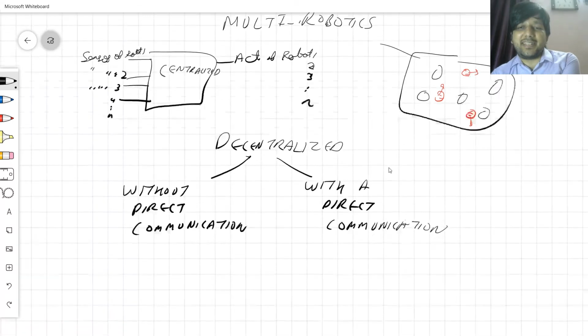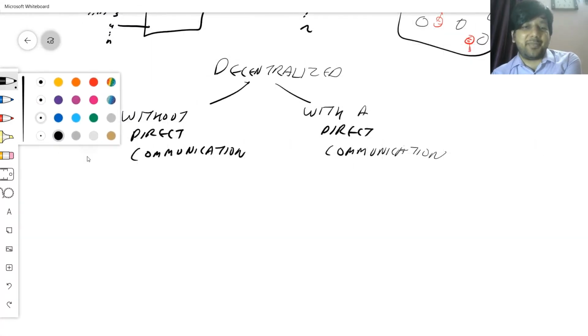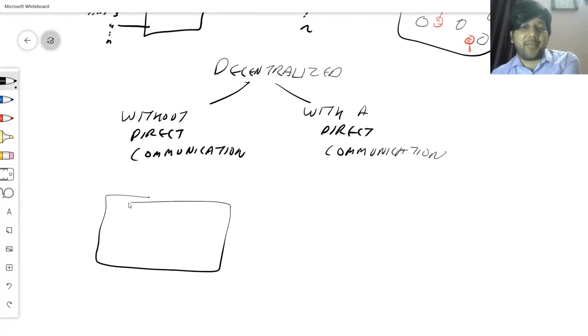So let's take a very simple example. I've got a map which is like this, and I have got a robot here, and I have got a robot here.